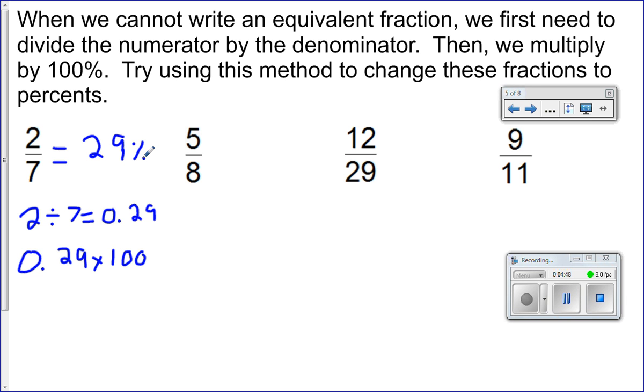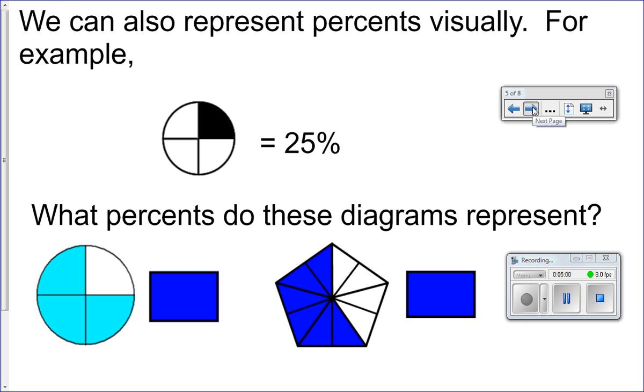So pause the video and try these three examples, which we will take up in class tomorrow. Forging ahead, we can also represent percents visually. For example, this is a very familiar diagram here, and we look at this and we can tell that this represents 25%.